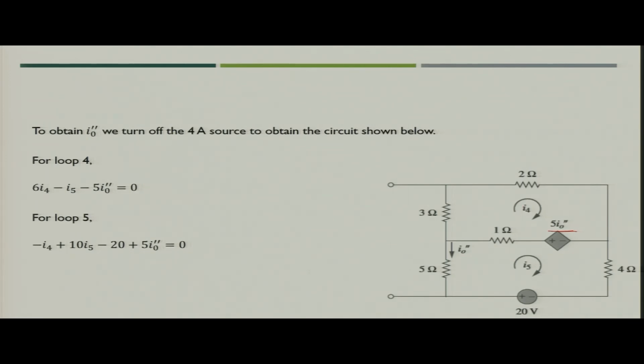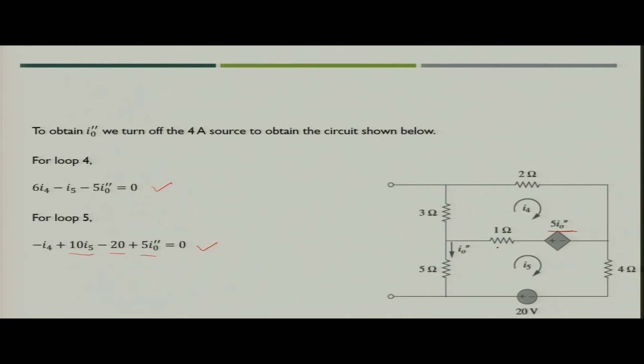For loop 4 you will write the equation as 6 I4 minus I5 minus 5 I naught double dash equal to 0. Similarly for loop 5 you will write the mesh equation as minus of I4 plus 10 of I5 minus 20 plus 5 I naught double dash.